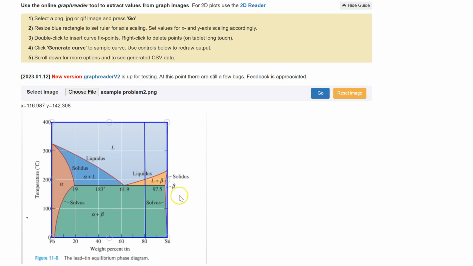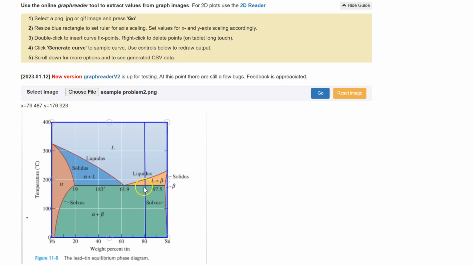Just zooming in there. So the first question is at 180 degrees centigrade. I'm reading that y-axis is about here. We see that the eutectic is at a temperature of 183 degrees, so we're just under that.